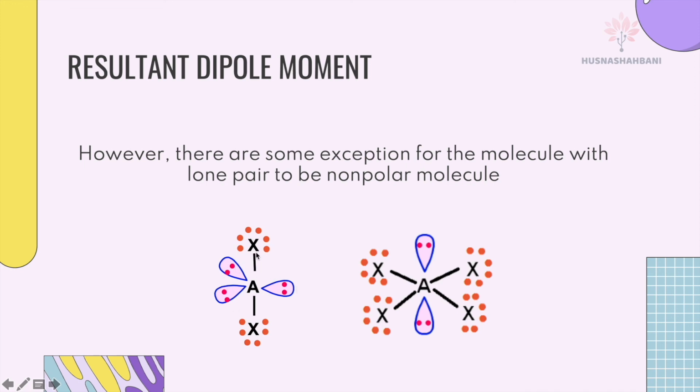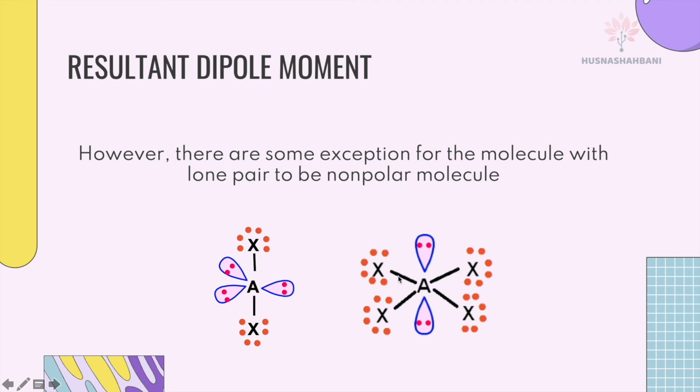This surrounding atom is on top of A. This surrounding atom is below A. All the lone pairs are on the plane. So these lone pairs can cancel out each other because they are on the same plane. This surrounding atom can cancel out with that surrounding atom, causing this molecule to be nonpolar because the resultant dipole moment is equal to 0 as they cancel out each other.